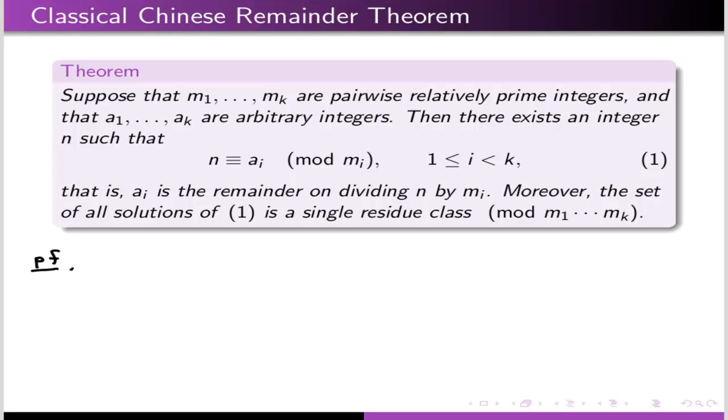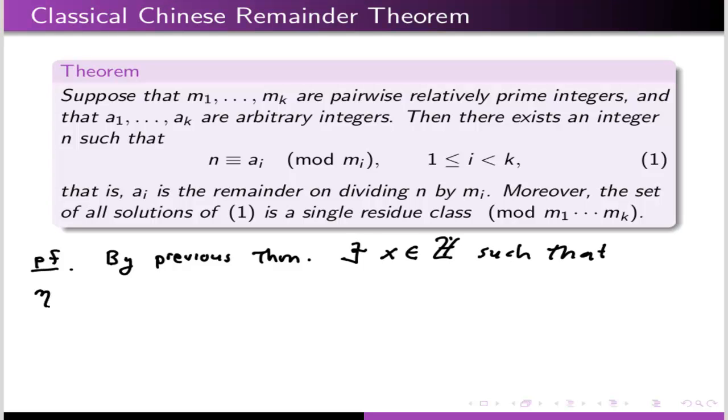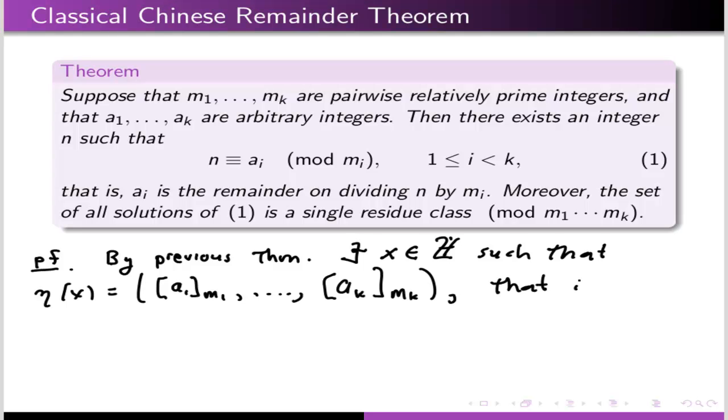And again, the proof is just what I was outlining on the previous slide. So, by the previous theorem, there exists some integer x such that eta of x is this given tuple. So a1 mod m1, ... ak mod mk. That is, and remember, what is eta of x?